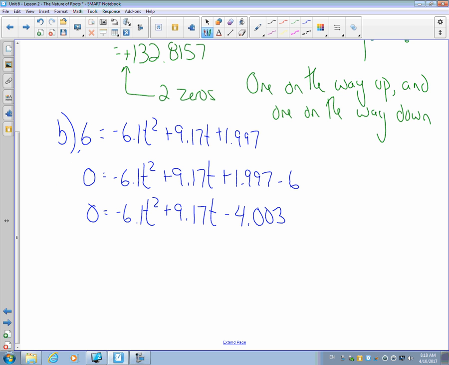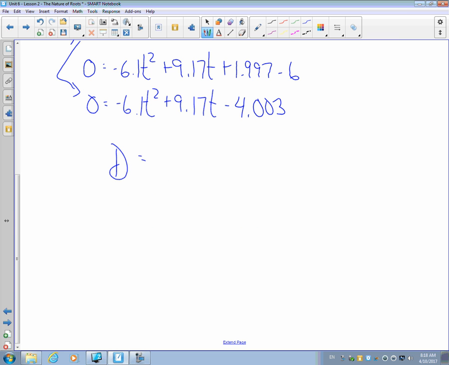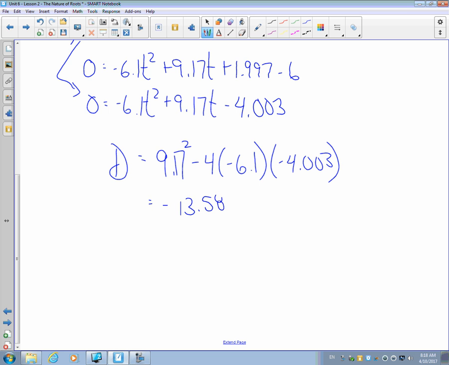I took the equation with 6 and fixed it to make it easier to work with, but that's really what I'm checking. I can check it by doing my discriminant: 9.17 squared minus 4 times negative 6.1 times negative 4.003. If I put that into my calculator, I get negative 13.58. What's important is that negative sign.